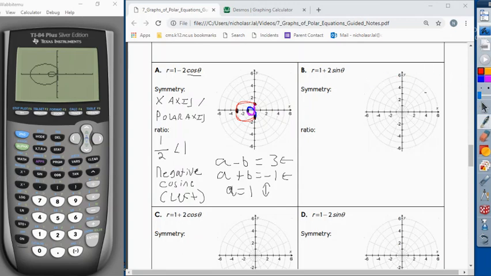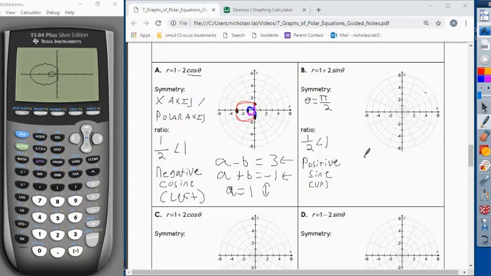Let's look at graph B. You have a symmetry, theta is equal to pi over 2. The ratio is 1/2, which is less than 1. So the ratio is going to be positive. So you're going to have a positive sine value, which means you're going to move up.